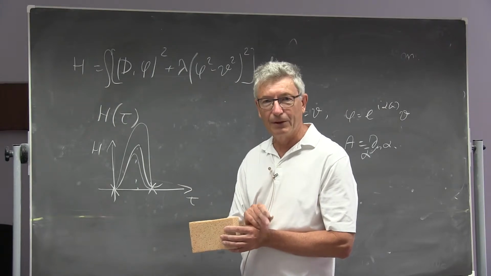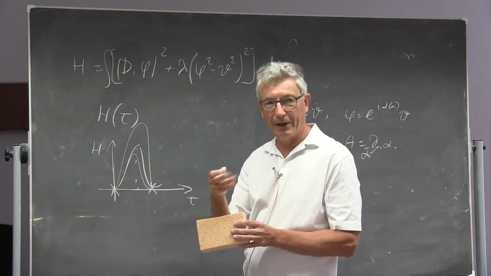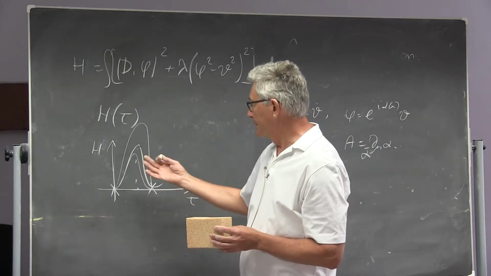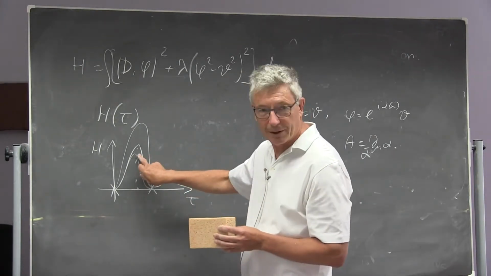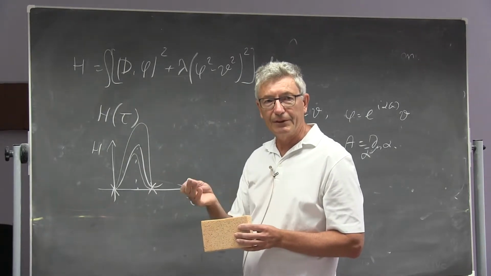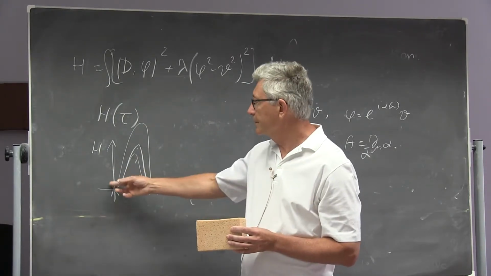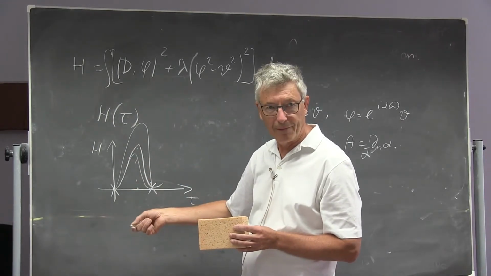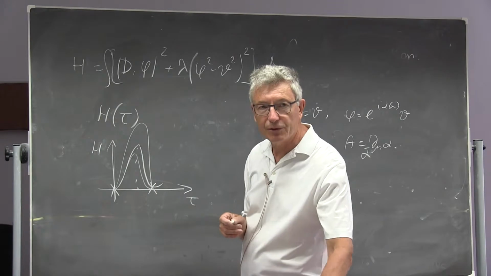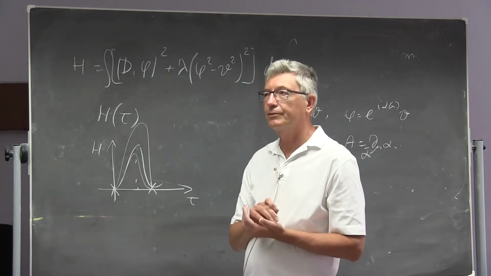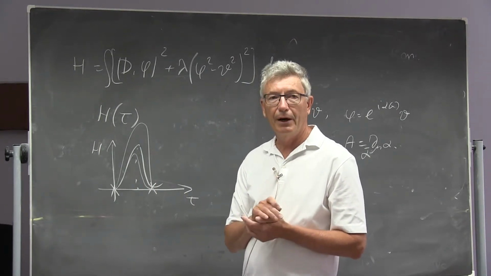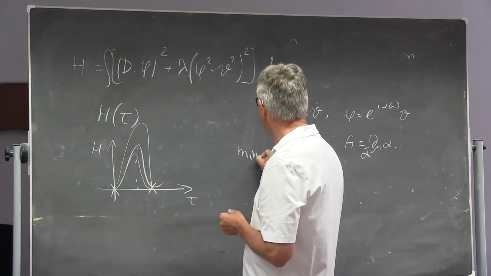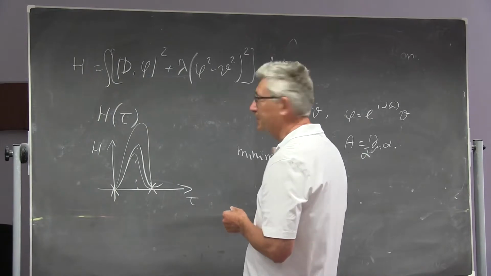Yeah, so in order to make a sensible statement, a sensible statement could be what is the minimal barrier you have to overcome. Okay? And to answer the question, what is the minimal barrier you have to overcome, you apply the procedure which is called the mini-max procedure.